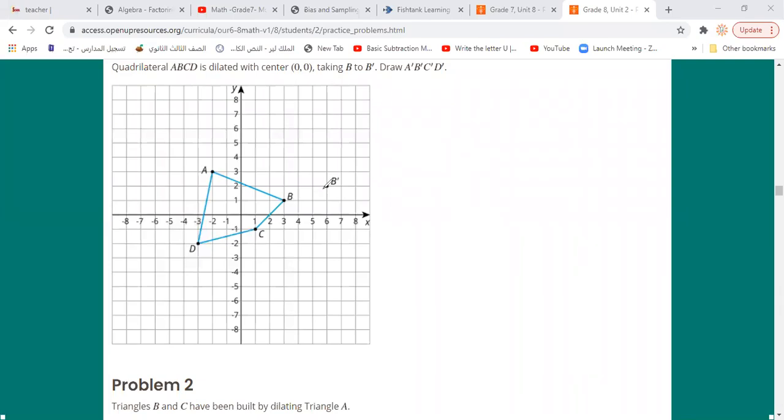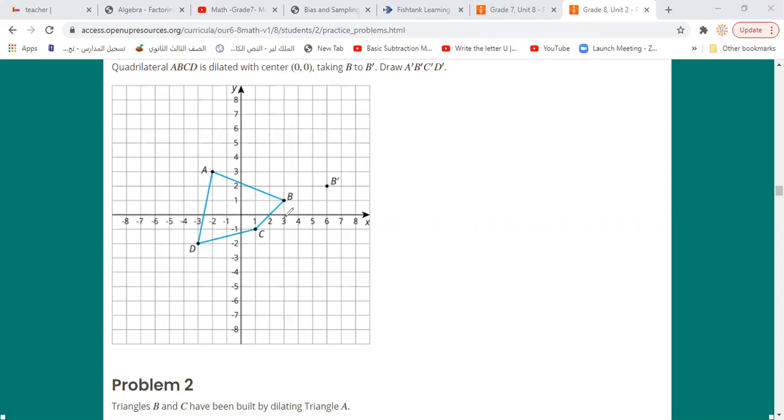So this is the position for B prime, and this is the position for B. We can use the x-coordinates, right? For B, how many units from the x-axis? 0, 1, 2, 3, right?